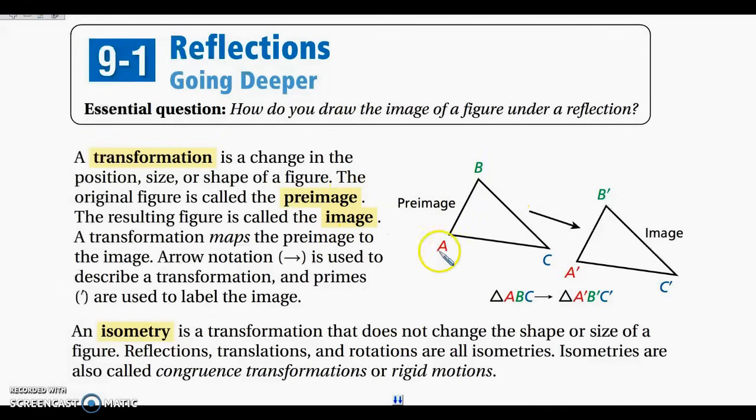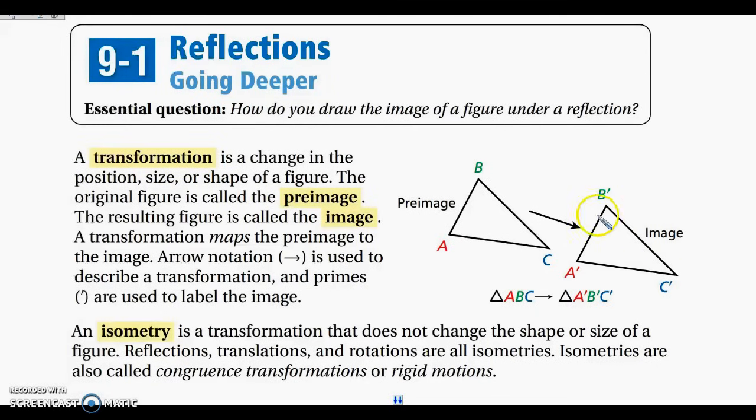So if we come over here and we look at this figure here, we've got triangle ABC. It has been moved over here to our triangle A prime, B prime, C prime. Notice this little prime notation right here. A lot of times we will use this to notate that this is the image. So this is our pre-image. This one comes first. Then this is our image.